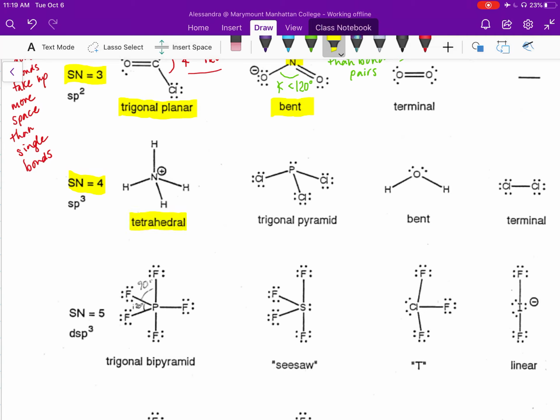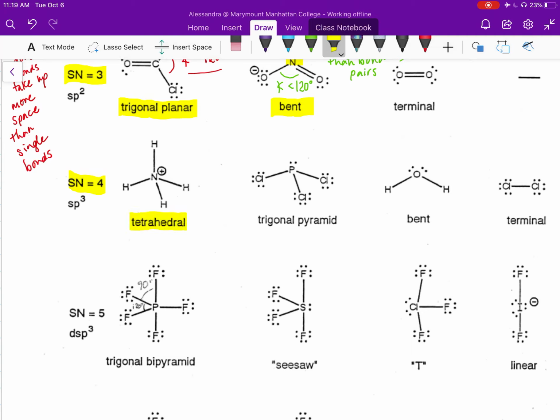In order for those 4 regions of electron density to be as far apart as they can be from each other in 3-dimensional space, they are pointing to the corners of a tetrahedron. And the bond angle here is going to be 109.5 degrees.